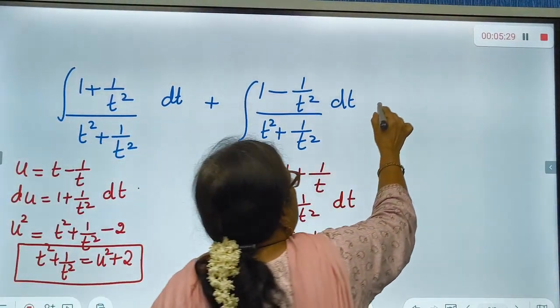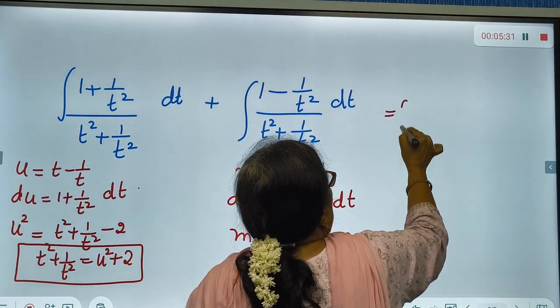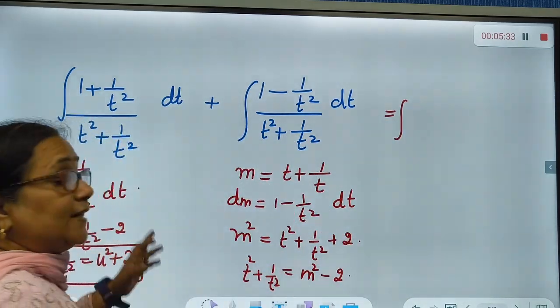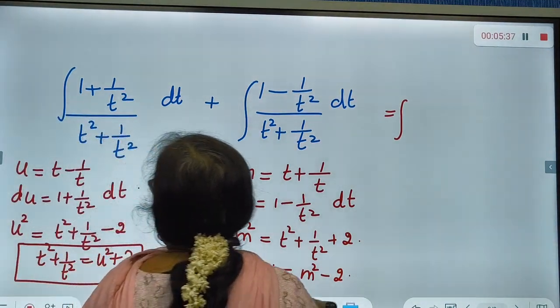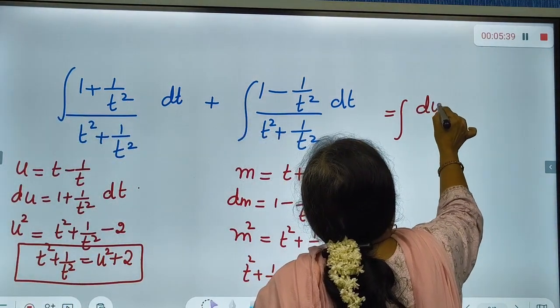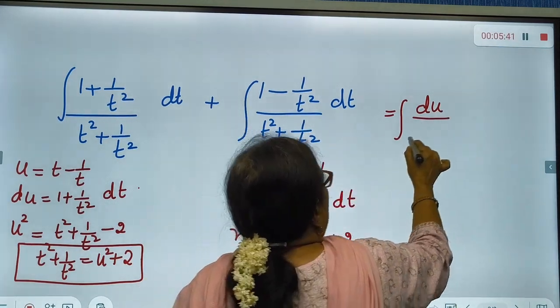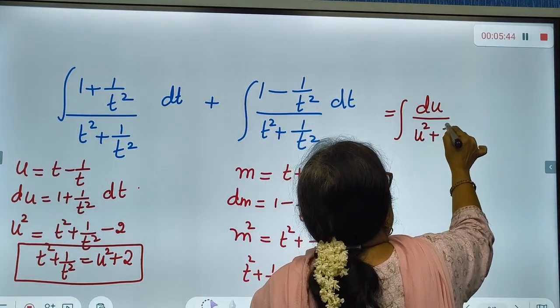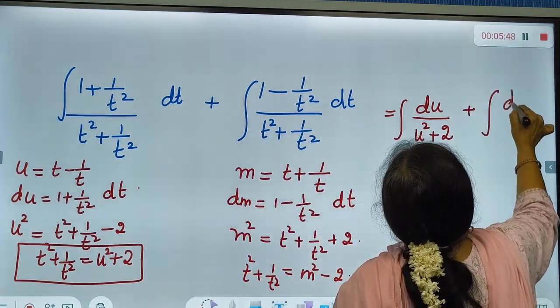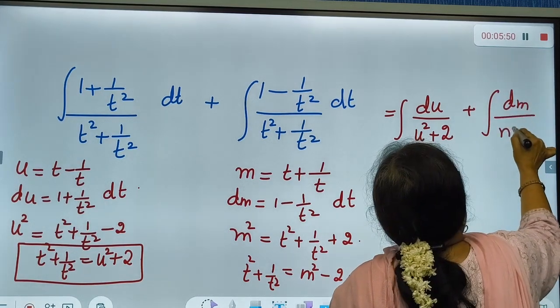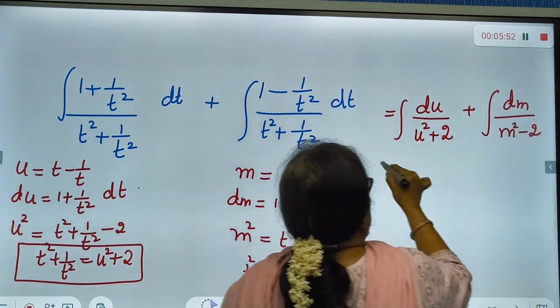So the whole thing is now reduced to integral of, writing it in terms of u and m, this 1 plus 1 by t square dt is du. So you can write it as du by u square plus 2, then plus integral of dm by m square minus 2.